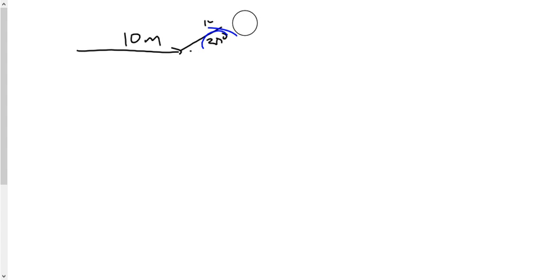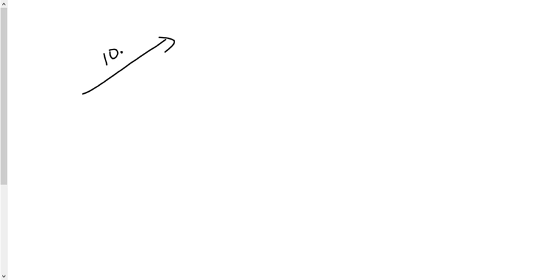Let's say you have this one vector, 10 meters at 30 degrees. You've got to take it and change it into something like this and something like this. It's going east and north, so let's get the east part of it and the north part of it.